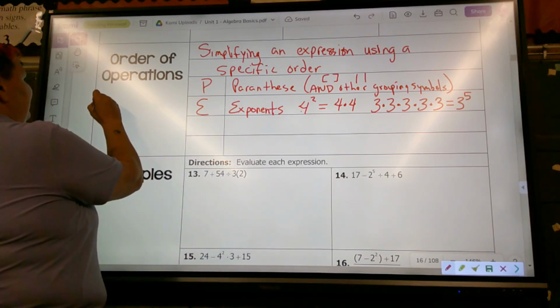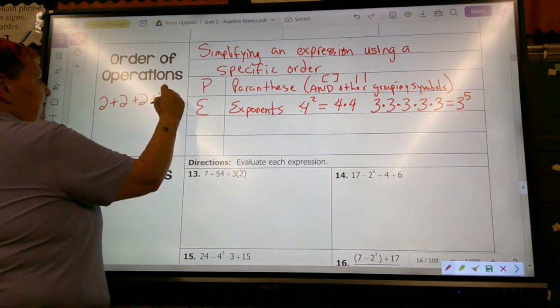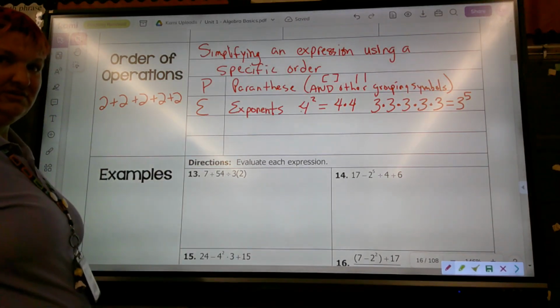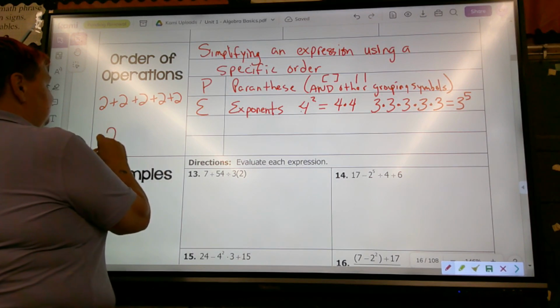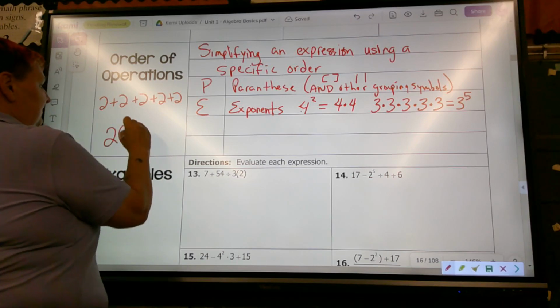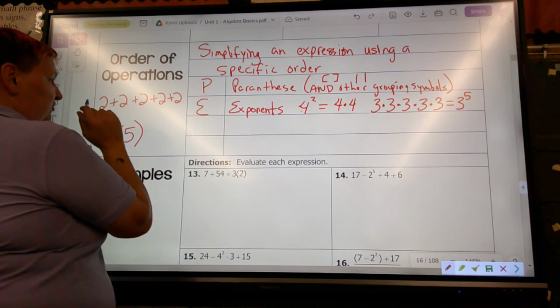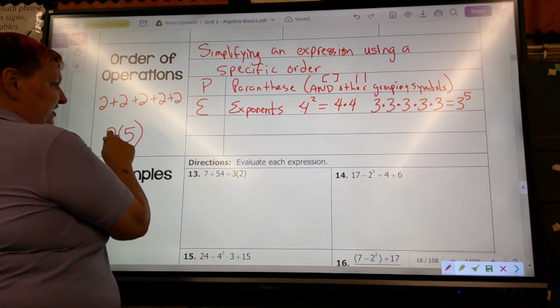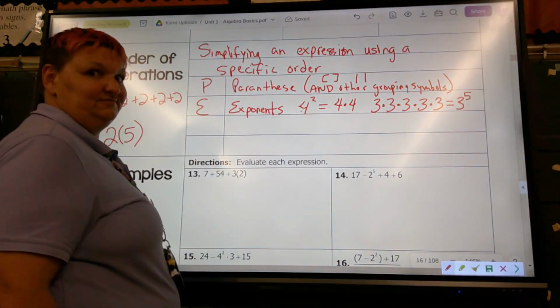So if you had 2 plus 2 plus 2 plus 2 plus 2, you could get the answer. Or you could do 2, 1, 2, 3, 4, 5 times. Addition, repeated addition, which is multiplication, and repeated multiplication, which is exponents.